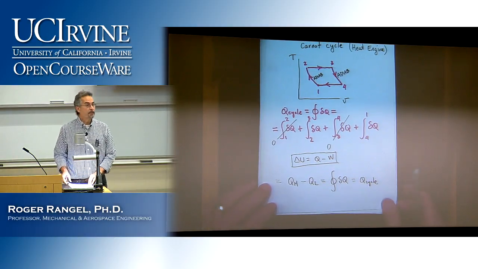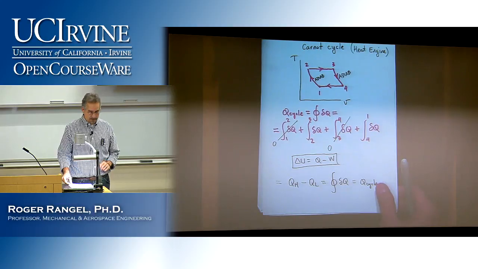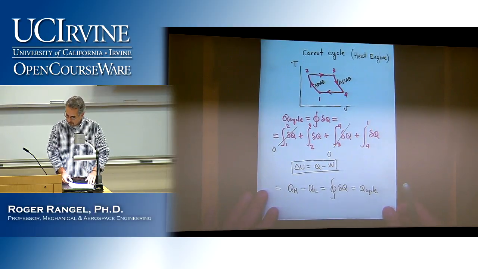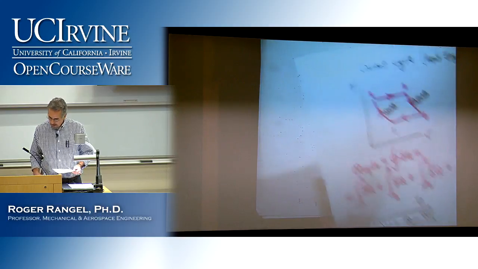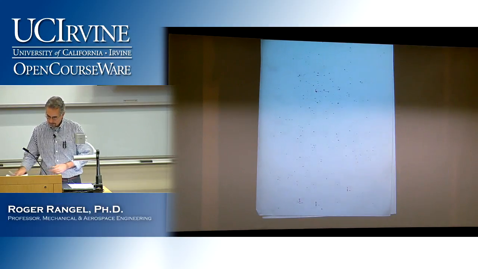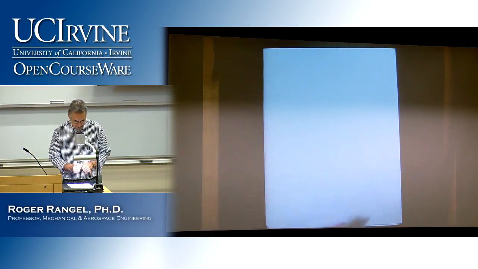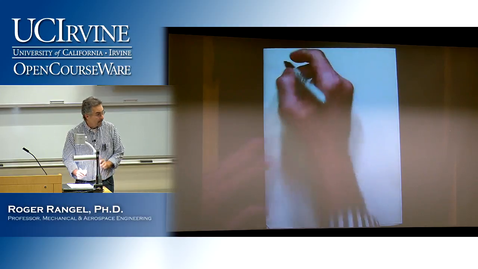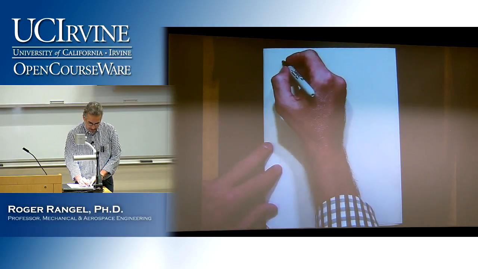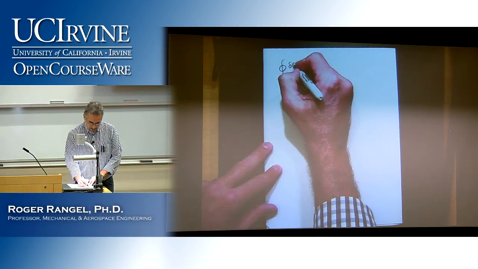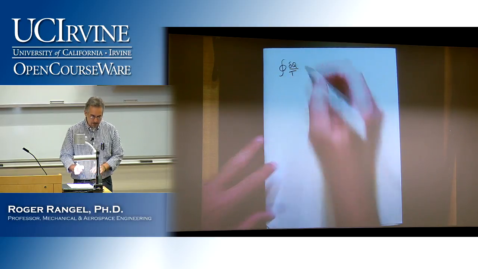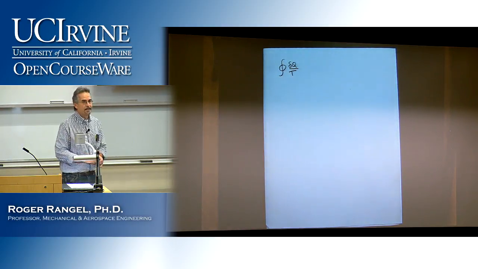What we really want to do is something else, another cyclic integral. The one that I really want to do is the following. I'm going to do another cyclic integral. But this time, for the same Carnot cycle, I'm going to make one change here. I'm going to introduce the temperature there in the denominator.